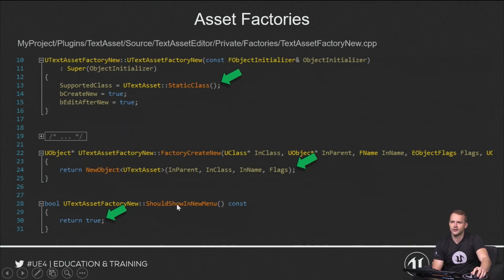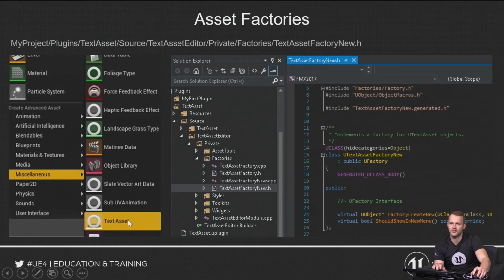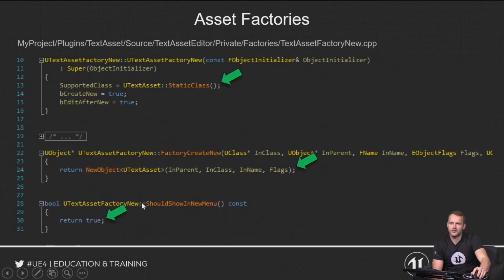The second function is should show a new menu, and that basically just makes the text asset show up in this menu. So the fact that this entry down here shows up there is because we're returning true. And there's a little bit of initialization needed in the factory's constructor.